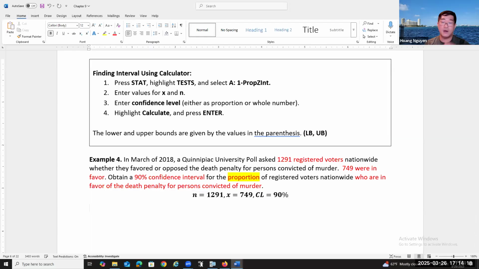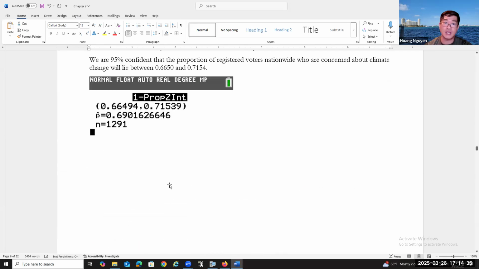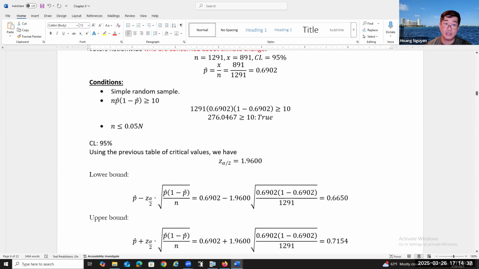Now after we summarize the question, before you can use a calculator to get the final answer, you need to double check the conditions. So what are the conditions that you need to check? I'm gonna copy the 3 conditions as we have earlier to make the process quicker.